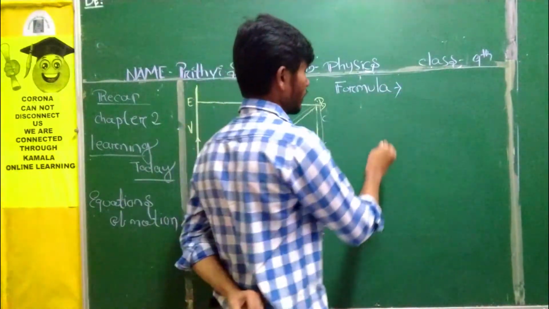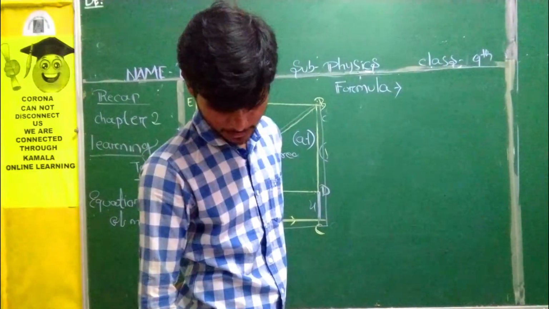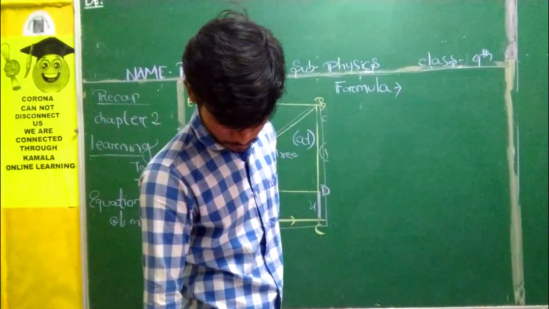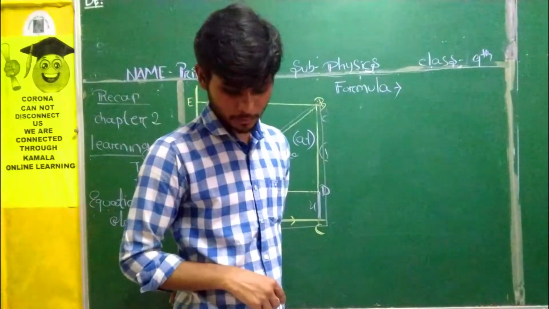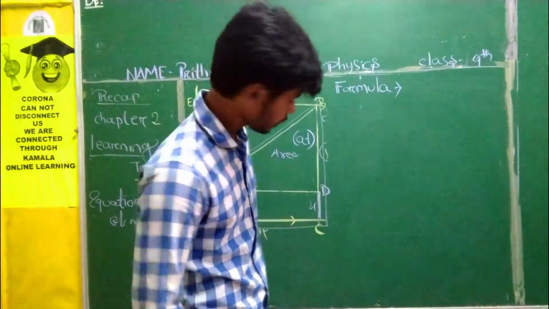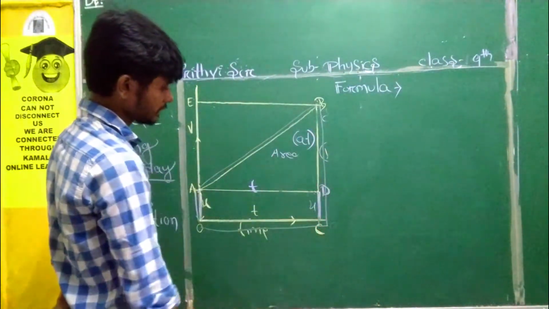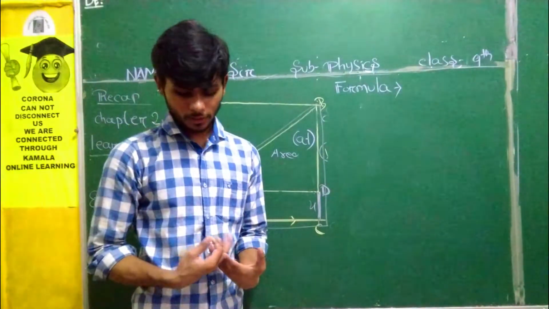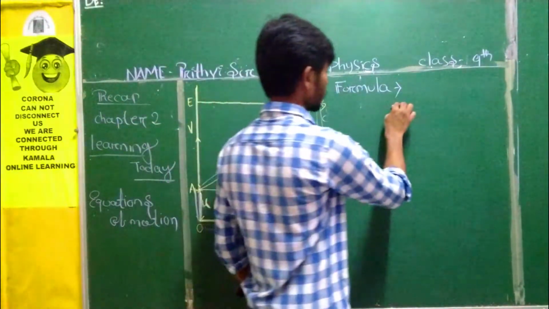What is the formula for the area of trapezium? Sum of two parallel sides, I think, right? Sum of two parallel sides into base by 2. Here base is your OC.